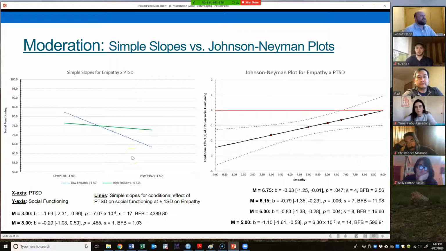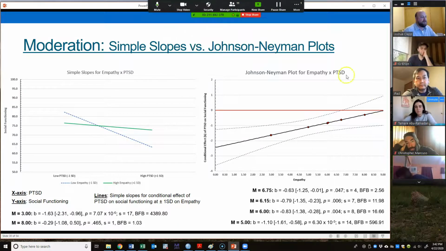But if you start to have questions, and particularly if we're working with variables that have real impact and meaning, and the question becomes, at what point over the course of this moderator do we stop seeing an effect or evidence of an effect? This ends up being a much better approach to identifying where things are going.